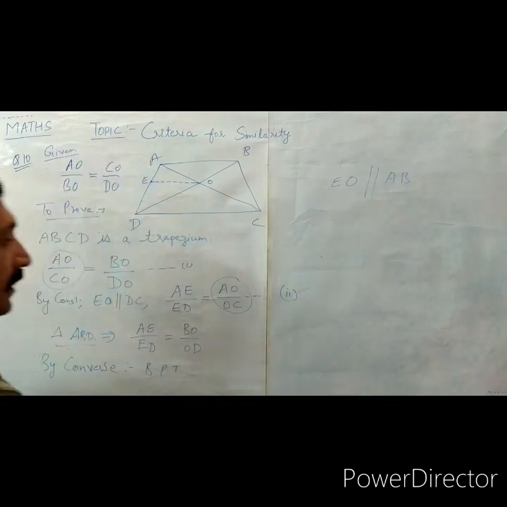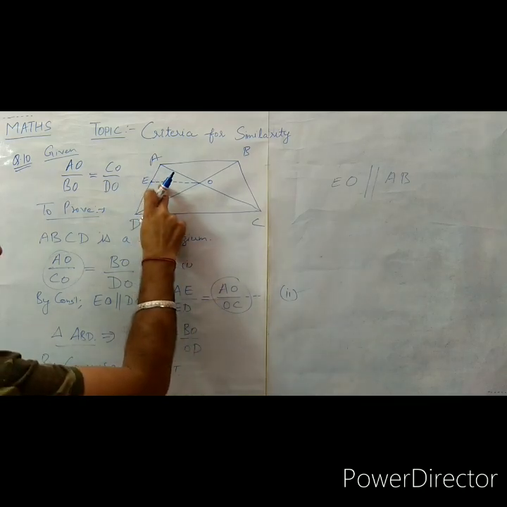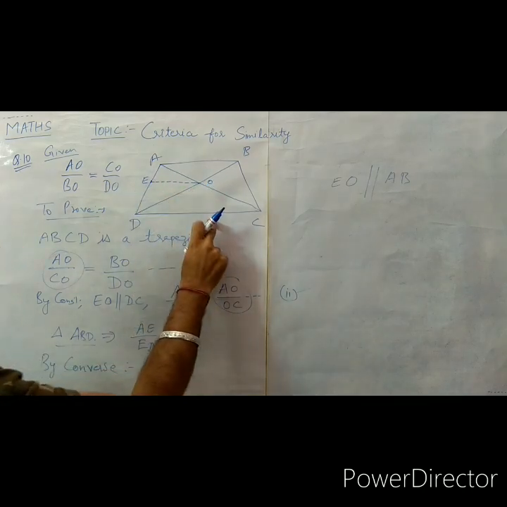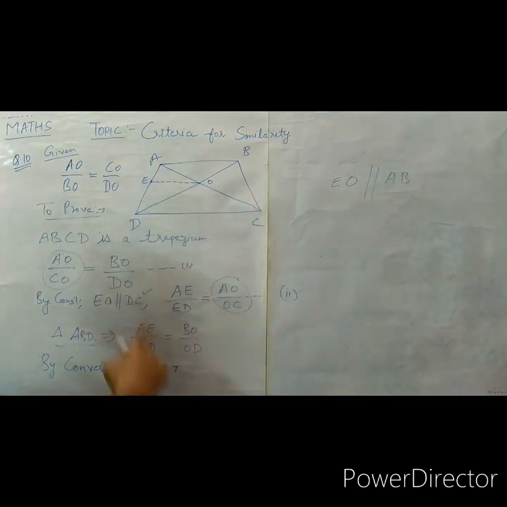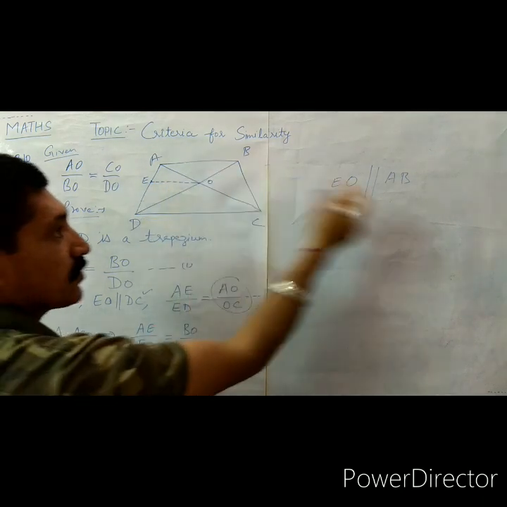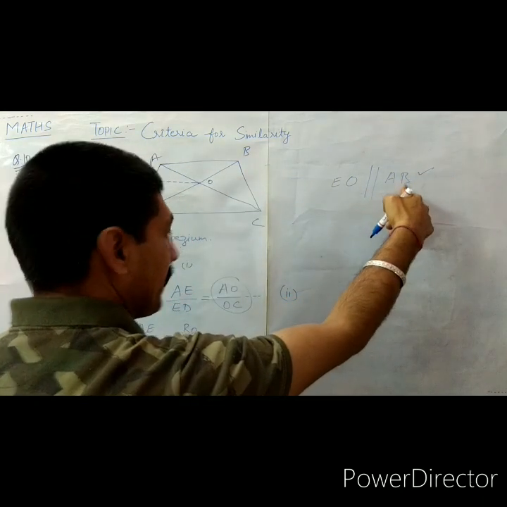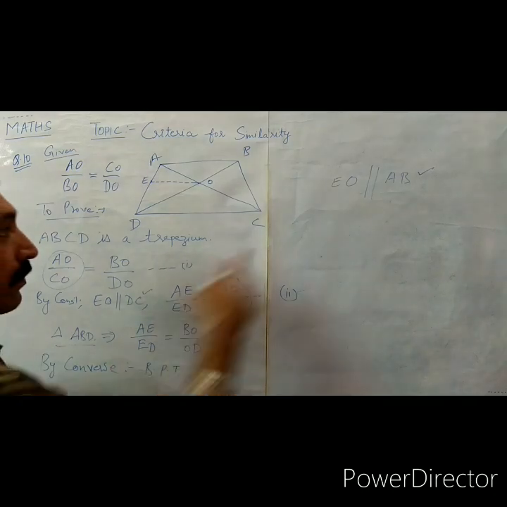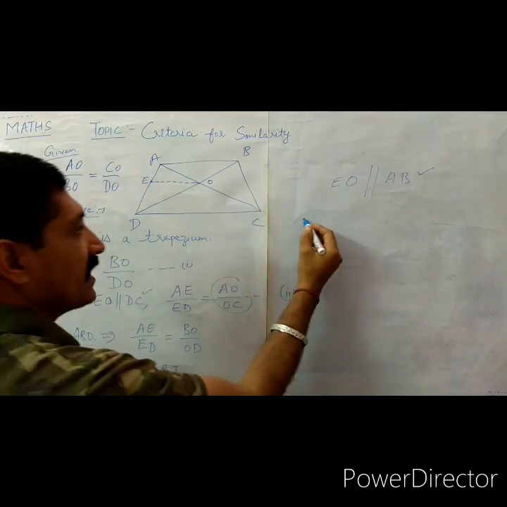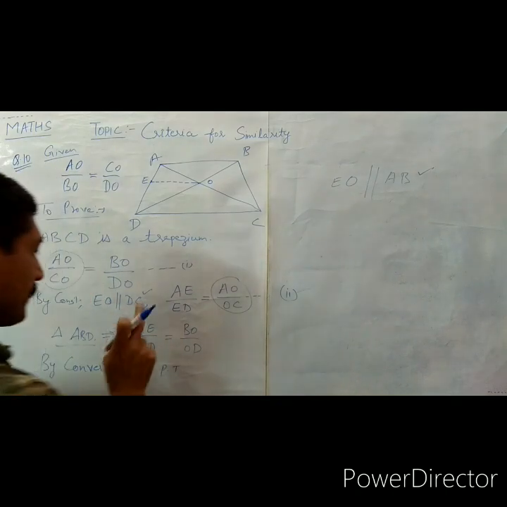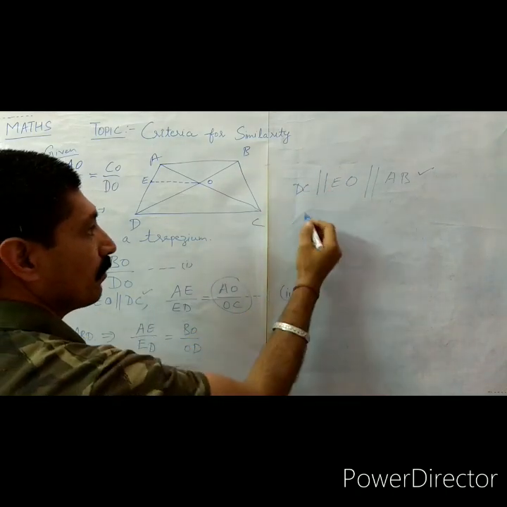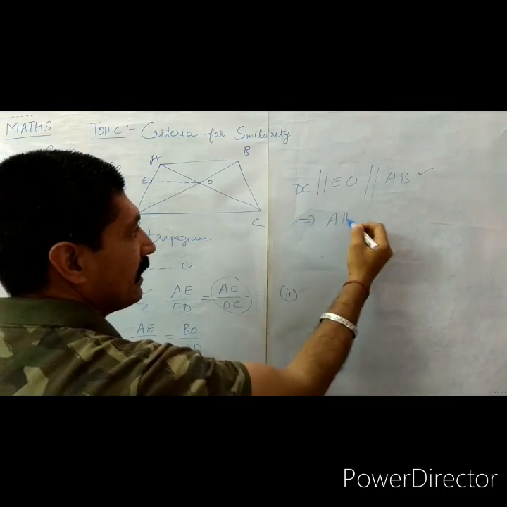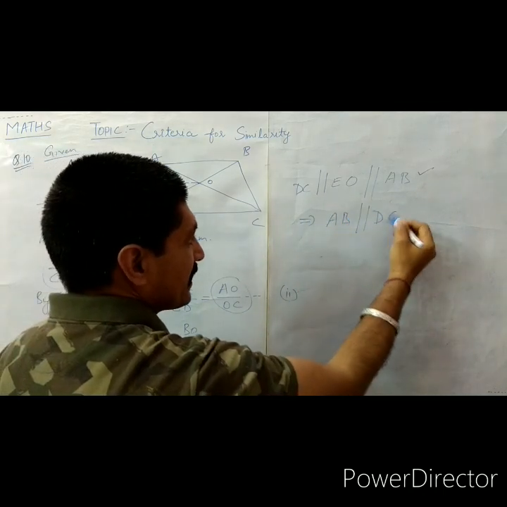So we have two things. By construction we have taken that EO is parallel to DC, right? And by applying the converse of the basic proportionality theorem, EO is also parallel to AB. So from these two we say that AB is also parallel to DC.